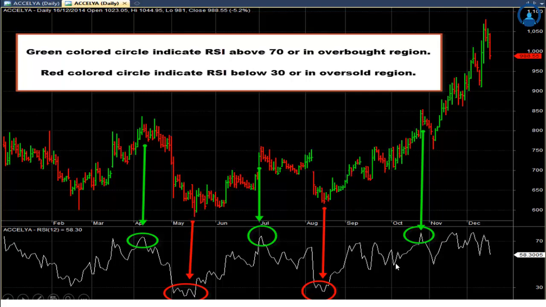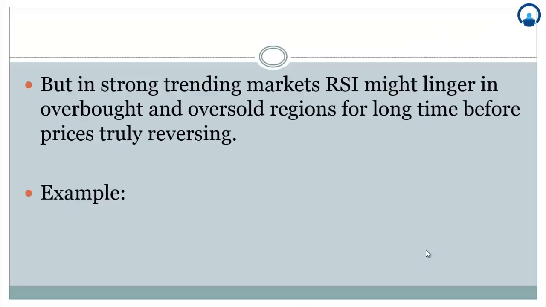Here again RSI gives a reading of above 70, which is followed by a sharp correction in price, but then the trend resumes and prices go on to make higher highs, and RSI tends to linger in the above-50 region.